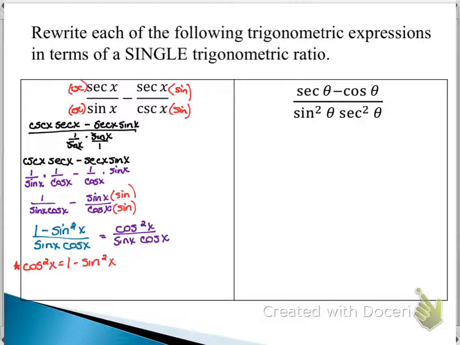So you'll see what we can cancel. So then this becomes cosine x over sine x, which in turn is cotangent x.